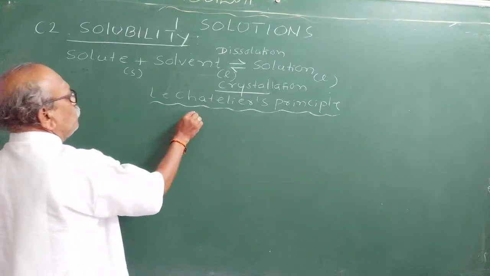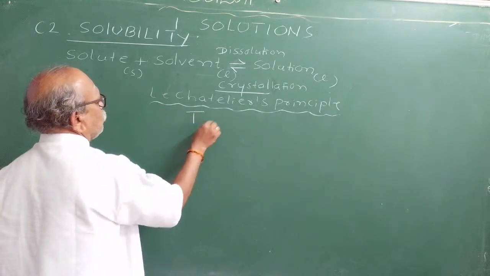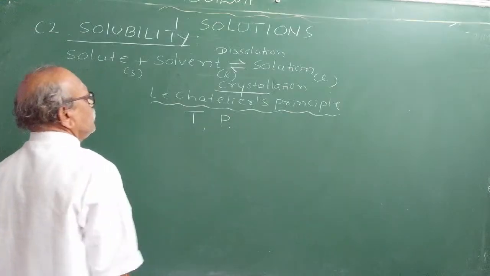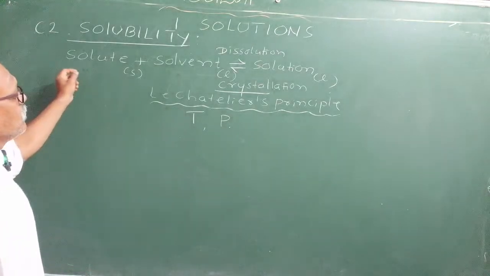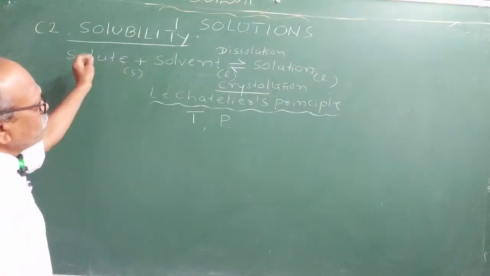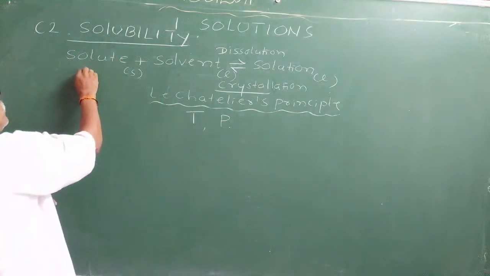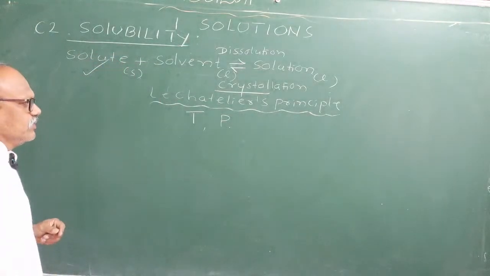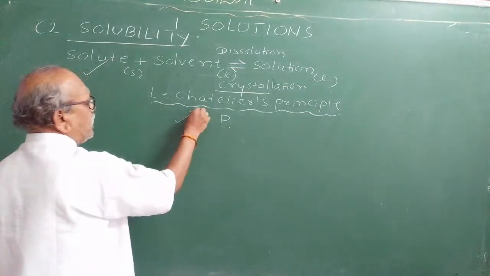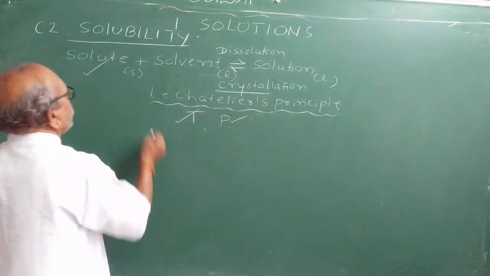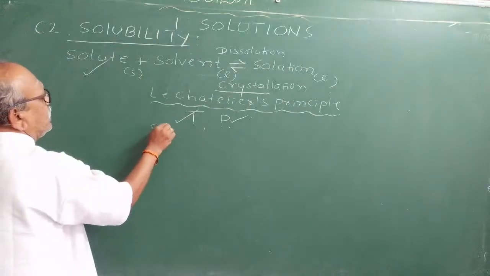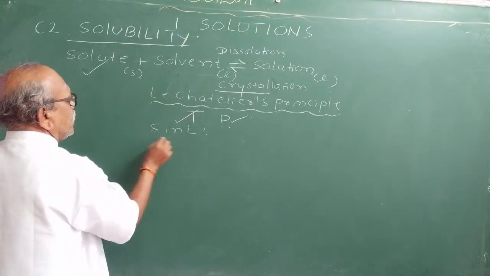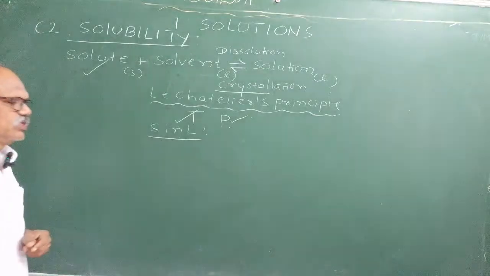Mainly there are two factors that affect the solubility of a particular solute in a solvent: the nature of the solute, and temperature and pressure. We studied 9 types of solutions.